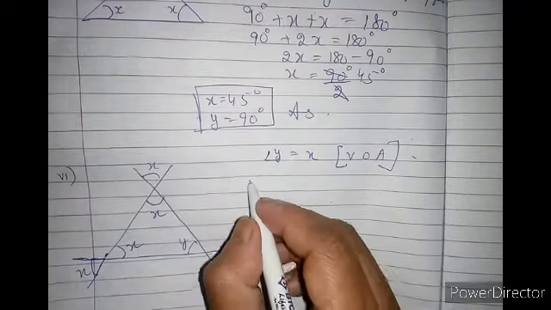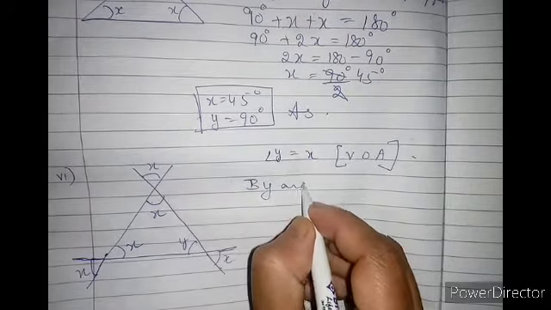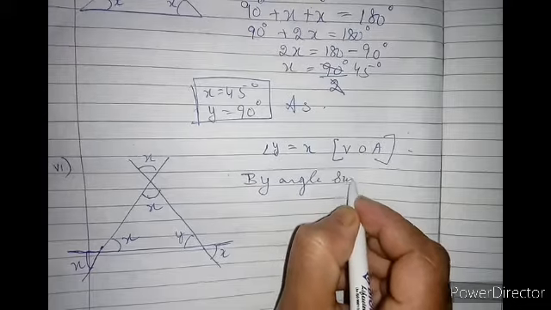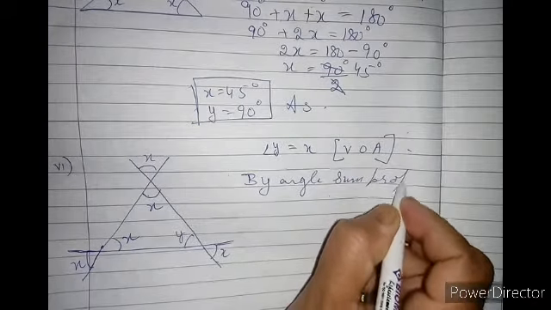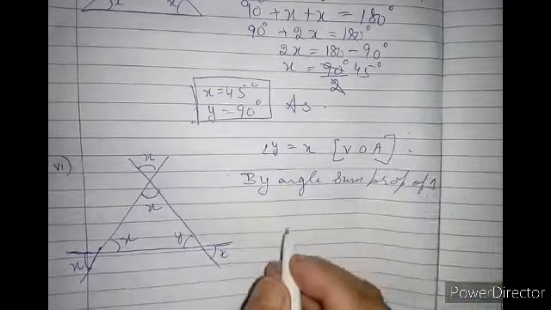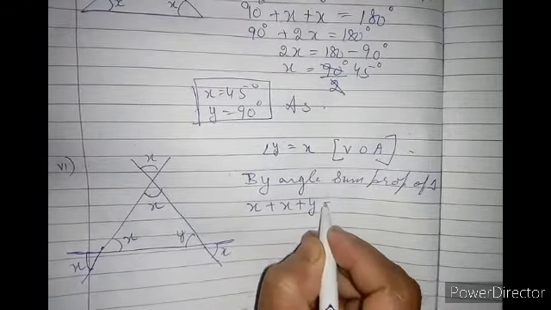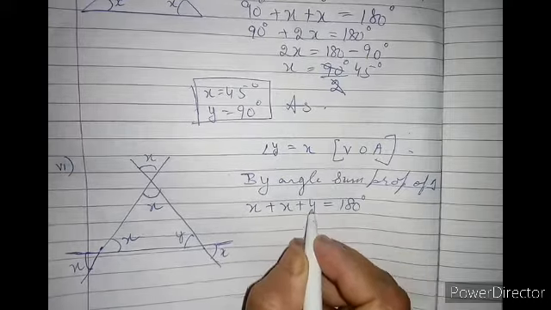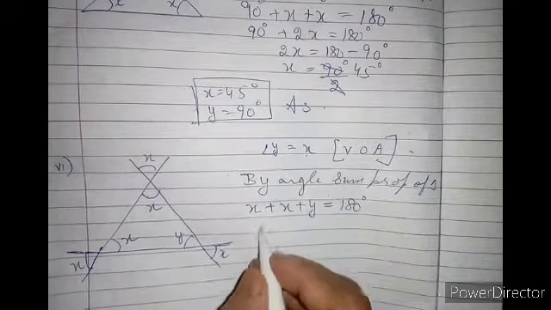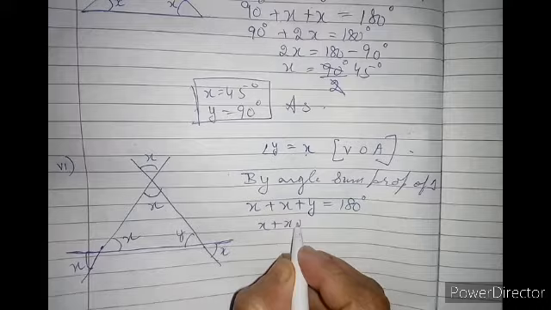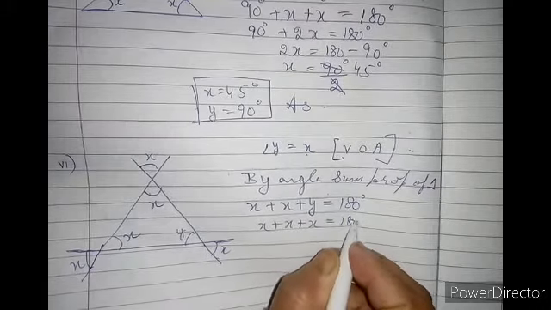Now by the angle sum property of triangle, we can say x plus x plus y is equal to 180 degree. And y is equal to what? x. So we can write x plus x plus x is equal to 180 degree.